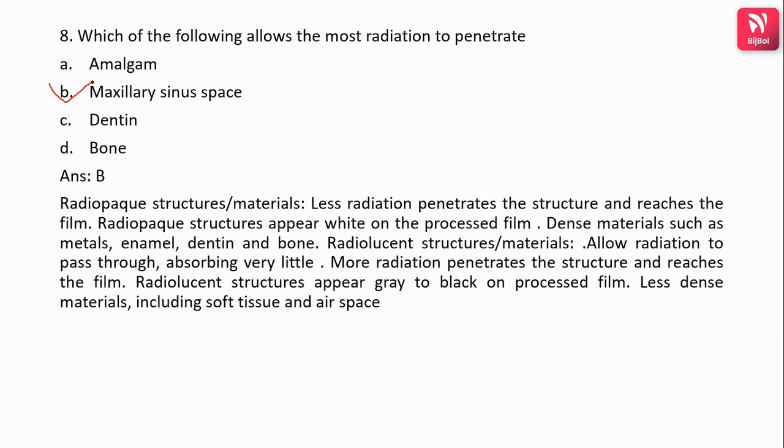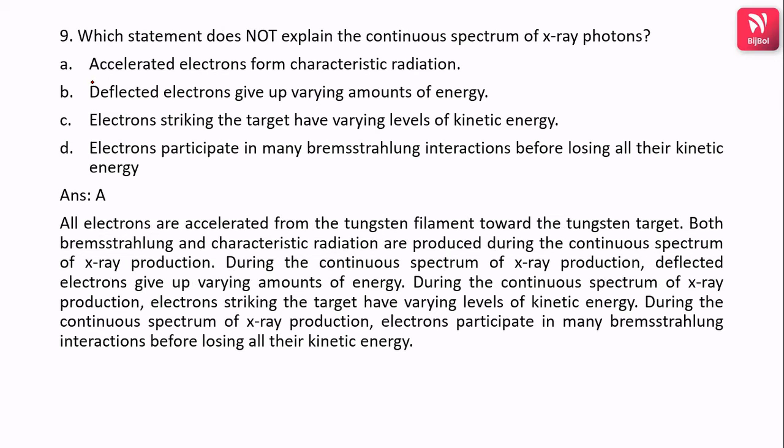Moving to the next one, which statement does not explain the continuous spectrum of the X-ray photons? So accelerated electrons from characteristic radiation. So all electrons are accelerated from the tungsten filament to the tungsten target. Next is deflected electrons giving up varying amounts of energy.